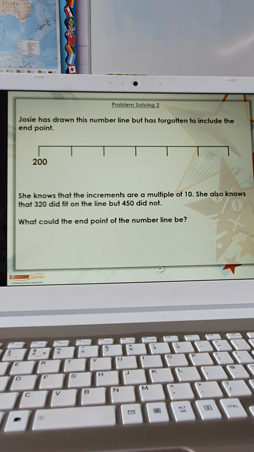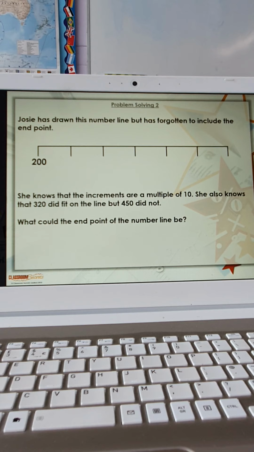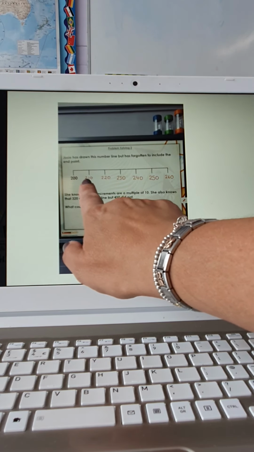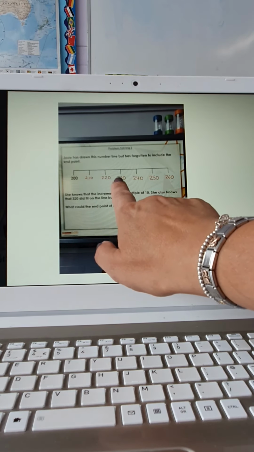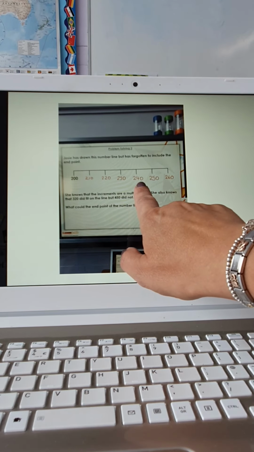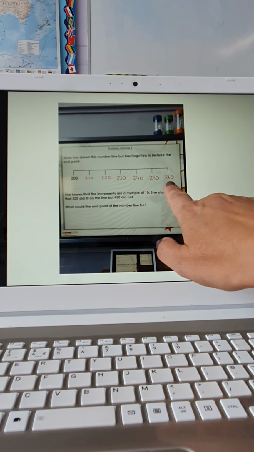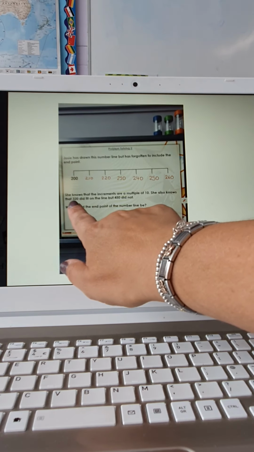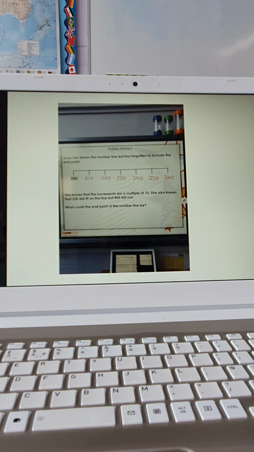So what we can do is try using different intervals. So if we make the interval to be 10, it will be 200, 210, 220, 230, 240, 250 and 260. That wouldn't work because 320 is not on that number line.